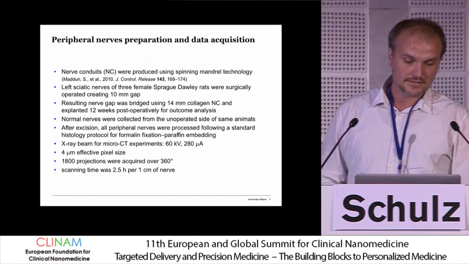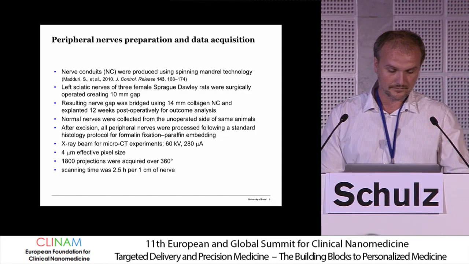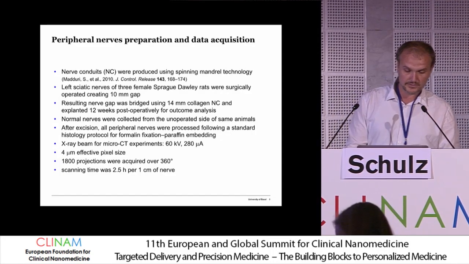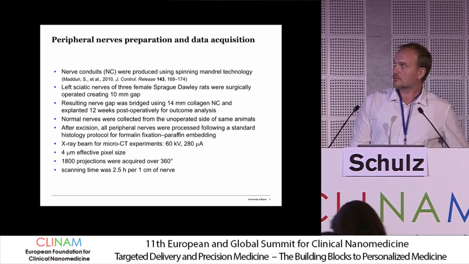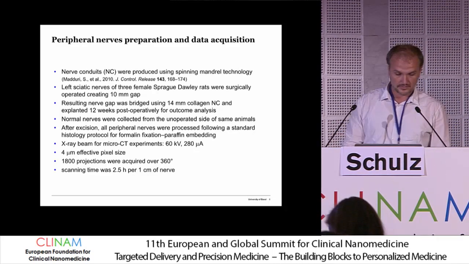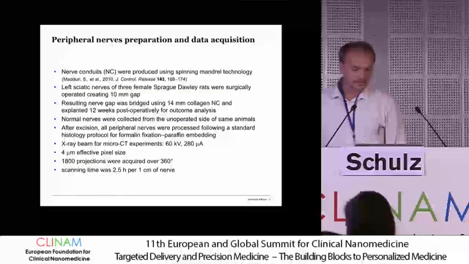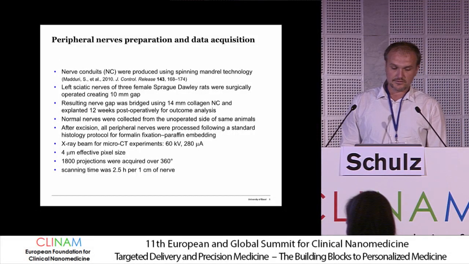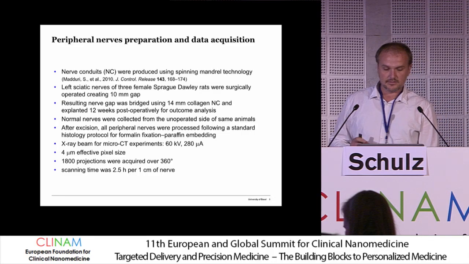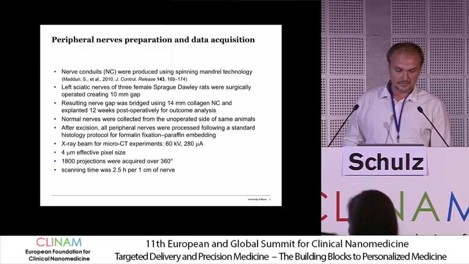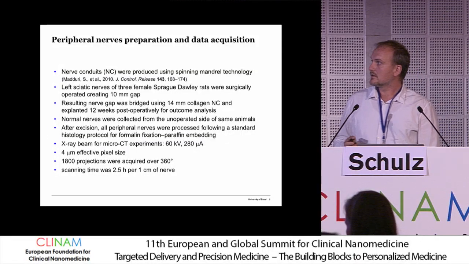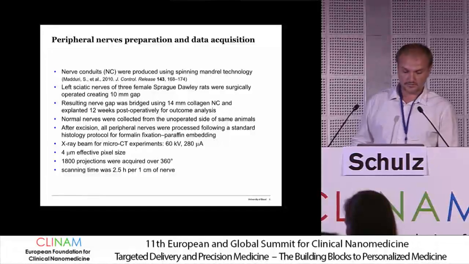Now we come to the sample preparation. First, nerve conduits were produced using spinning mandrel technology, which you can find in this publication. Then left sciatic nerves in rats were surgically operated, which created a 10 millimeter gap. This gap was then bridged by the nerve conduits and, after 12 weeks in this case, extracted again.